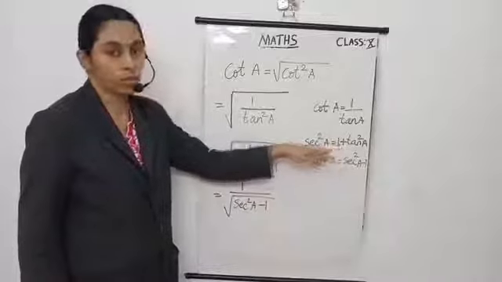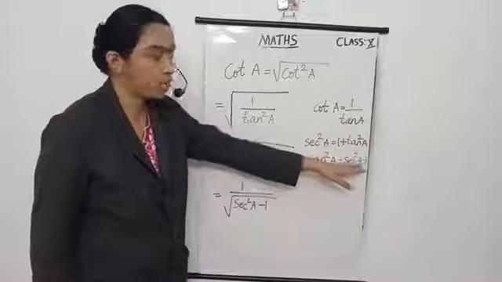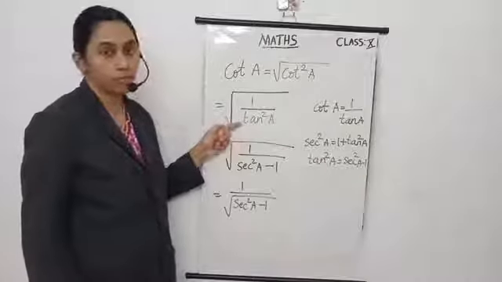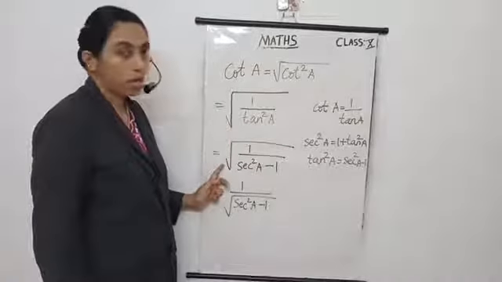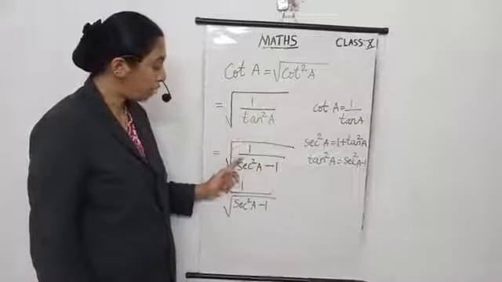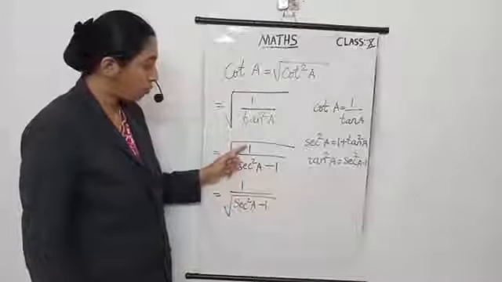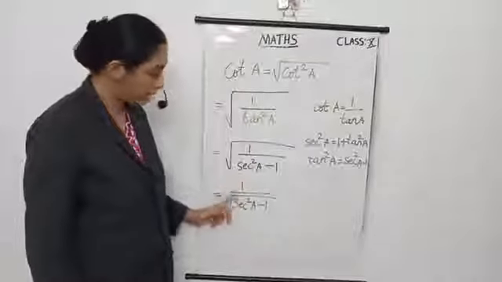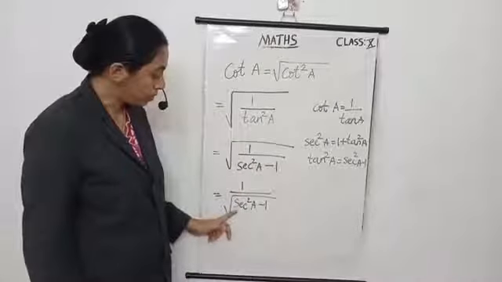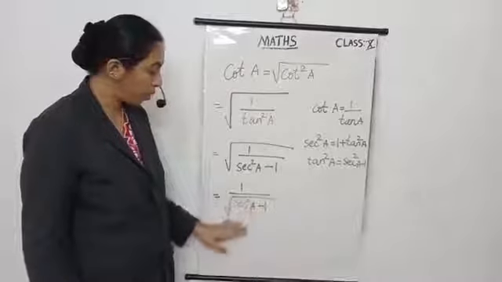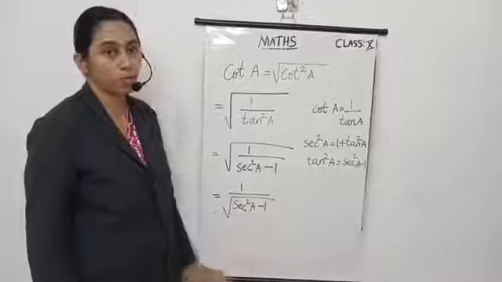Transpose this 1 to this side, we get tan square A equals sec square A minus 1. Substitute that in place of tan square A, we get root of 1 by sec square A minus 1. Now take root of 1, which is 1, and by root of sec square A minus 1. So cot A equals 1 by root of sec square A minus 1.